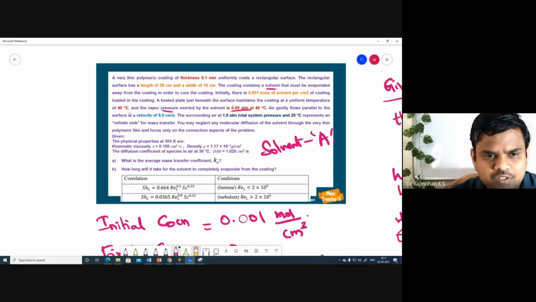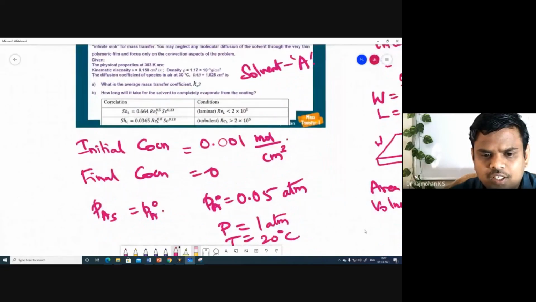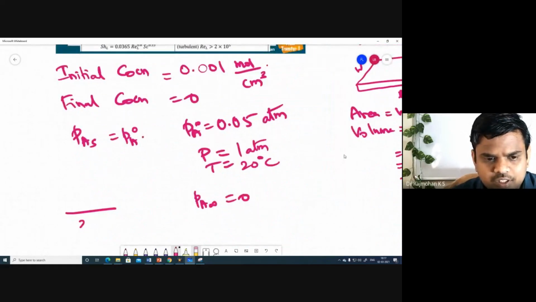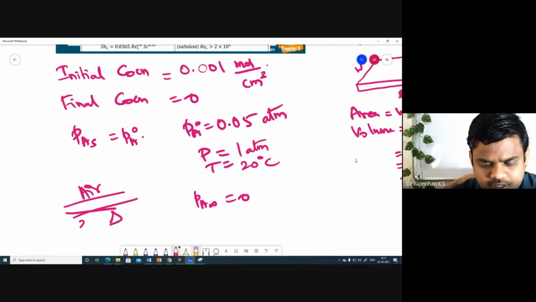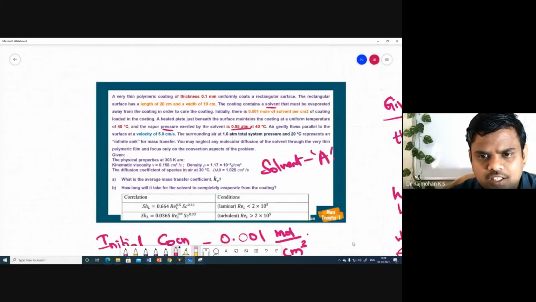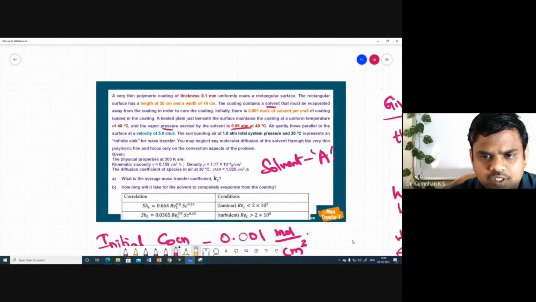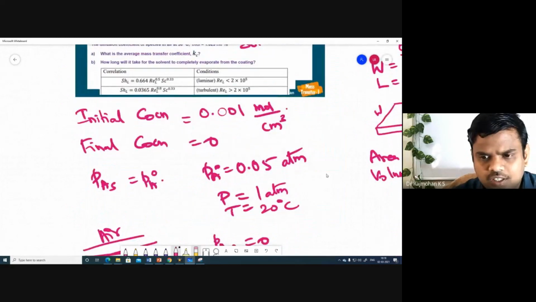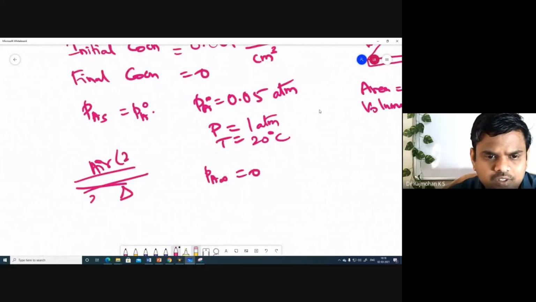So along the thickness, here it is heated, and there you have air. There are two temperatures, one end is 20, another end is 40. The air is at low temperature, 20 degrees Celsius, and below this we have 40 degrees Celsius.